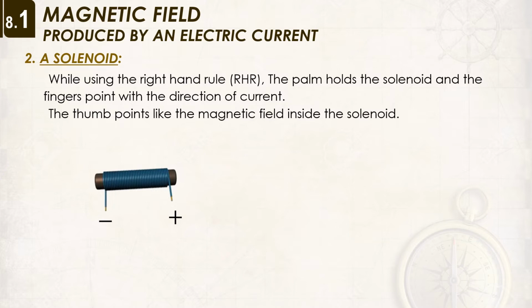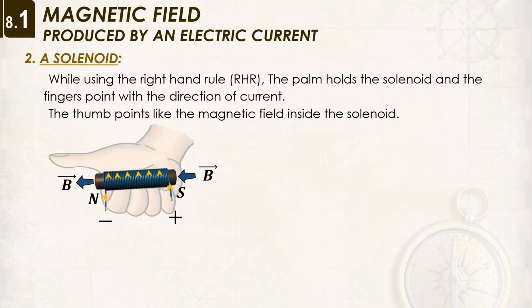Now, if you want to hold this coil appearing in front of you, your palm is going to be on top of this coil, and thus the current is going to be pointing as shown in the figure. Then the magnetic field is going to be from right to left, or coming out from the left side. Thus the left side becomes north, while the right hand side becomes the south.